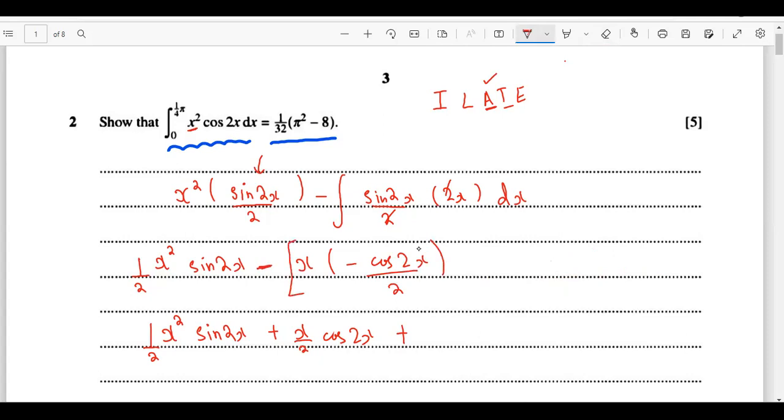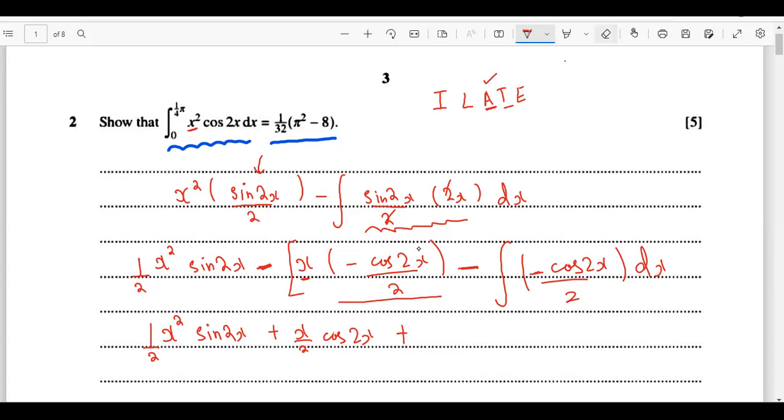Okay, so basically I have a minus sign outside and I need to integrate this part. So again, by parts: first as it is, integration of the second one, then minus integration of the second one that had minus cos 2x by 2 and dx. This minus and this minus would cancel out.